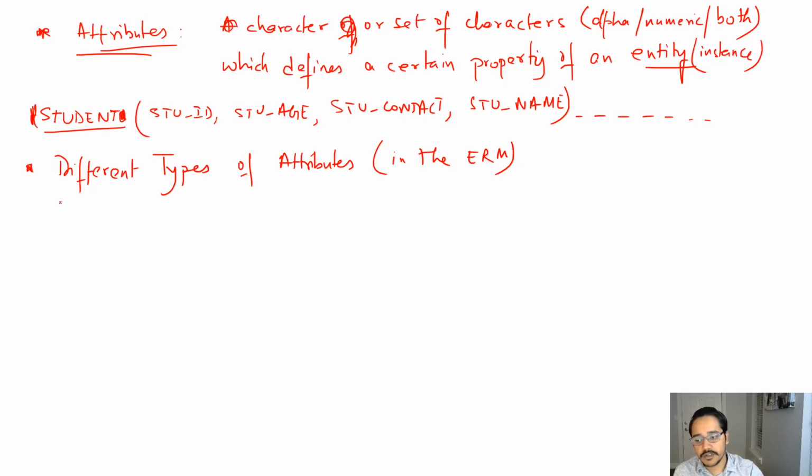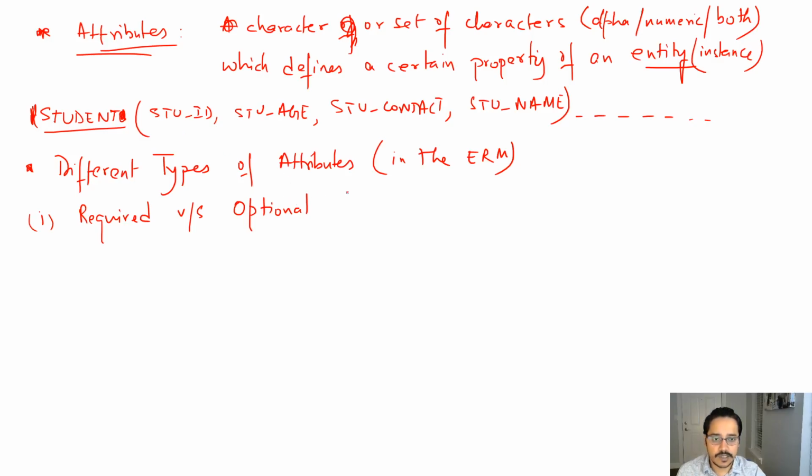The very basic one that you have to evaluate is required versus optional. As the name suggests intuitively, is the attribute that you are defining for an entity required or optional? That means, do you need to have some value present for those attributes, or can you leave it null?